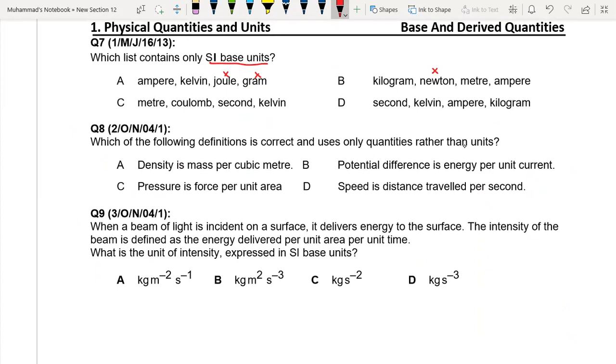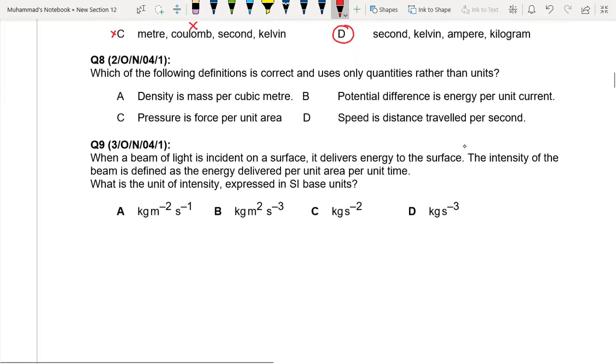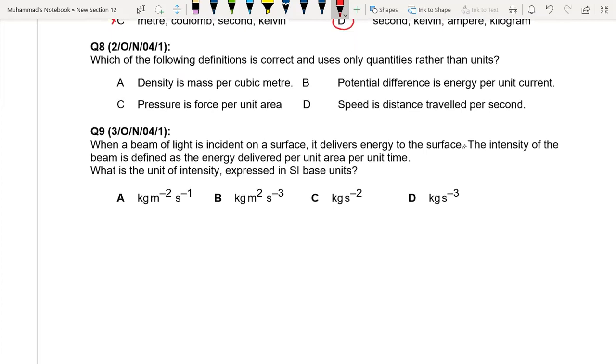Meter is base unit. Ampere is base unit. Meter, coulomb, second, Kelvin. Coulomb is not SI base unit. So, what is the right choice? Second, Kelvin, ampere, kilogram, all these are SI base units. So, D is correct option for this question.